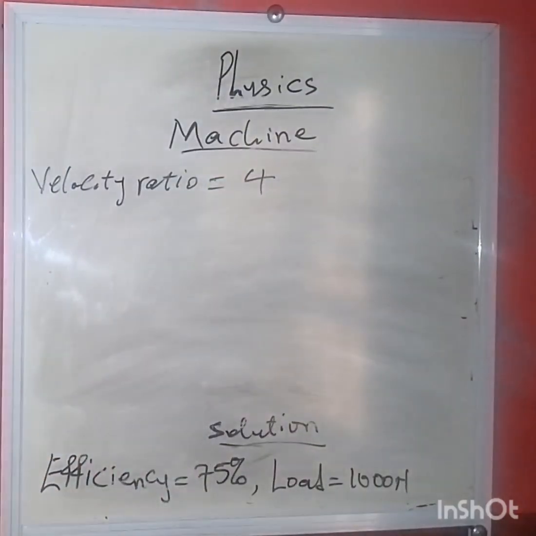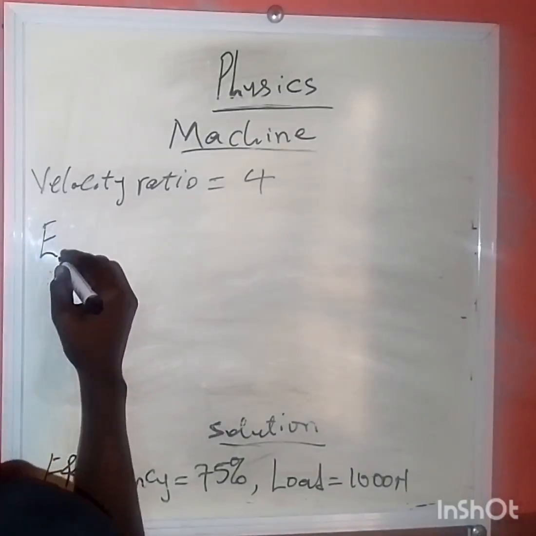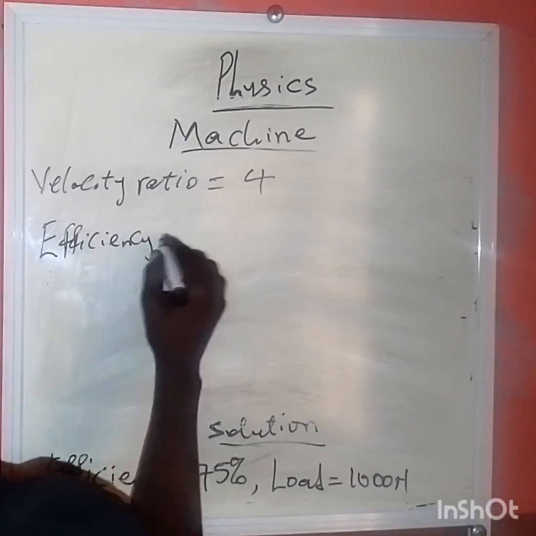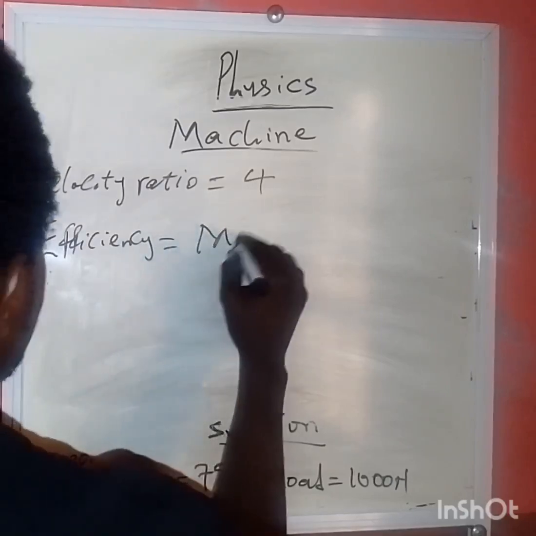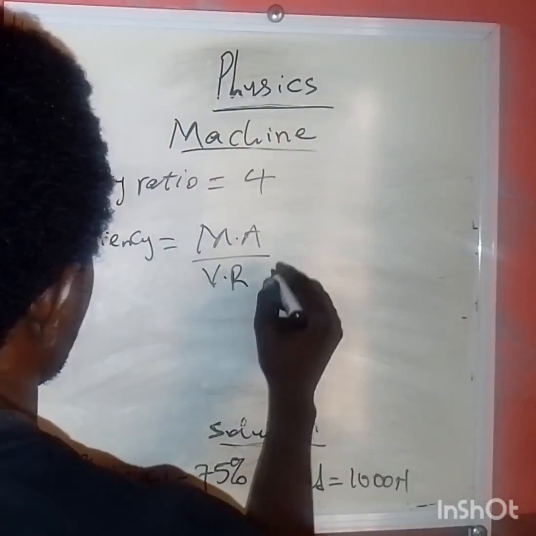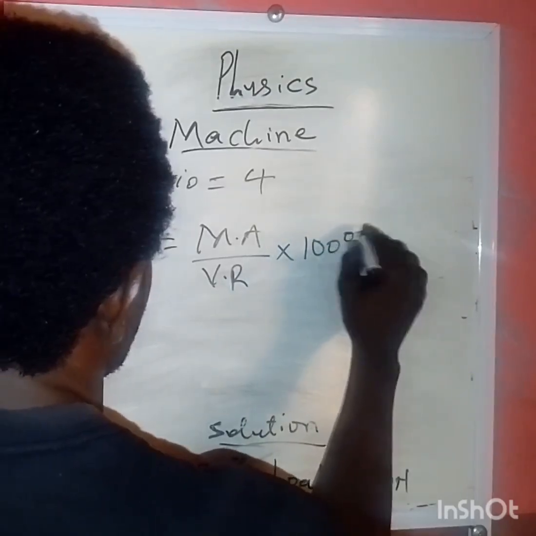So how do we calculate our mechanical advantage using these parameters? Efficiency of a machine is equal to mechanical advantage over velocity ratio multiplied by 100%.